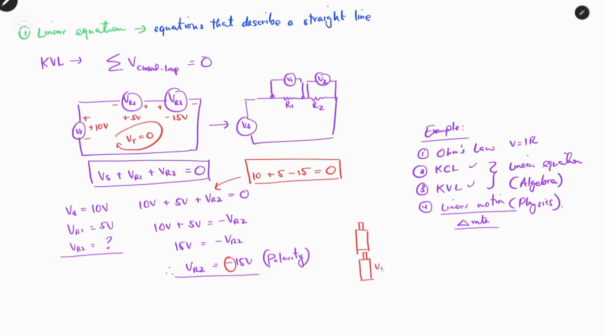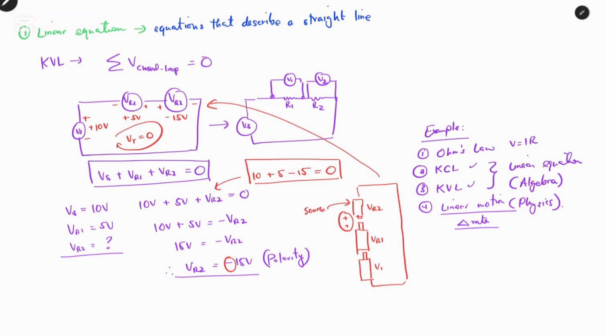This one represents V1, this one represents VR1, and now we are connecting VR2 in this order. Now this represents this circuit here, and we have the positive and the positive connected together. That means this one becomes the source.